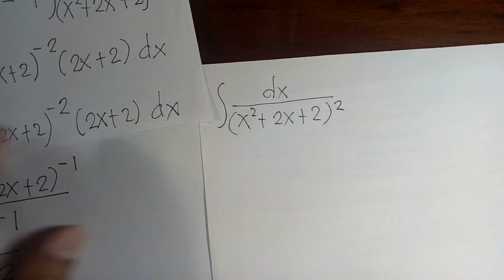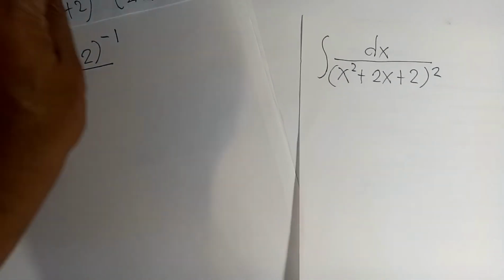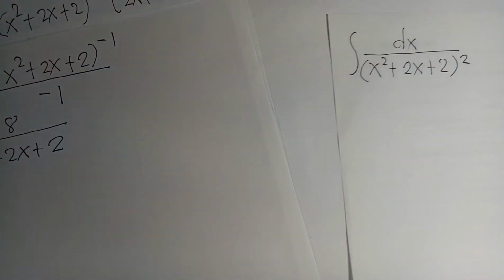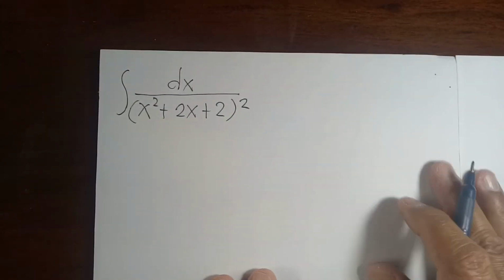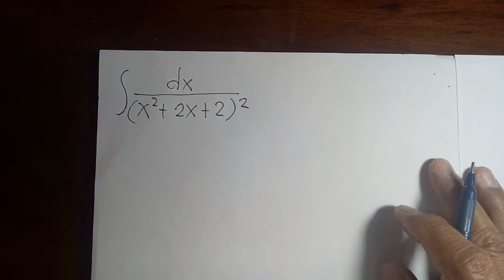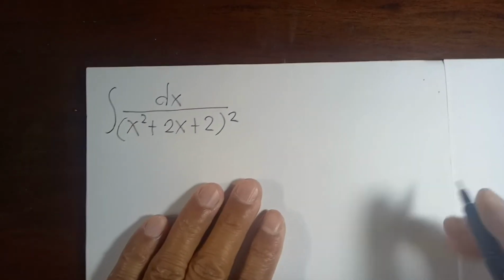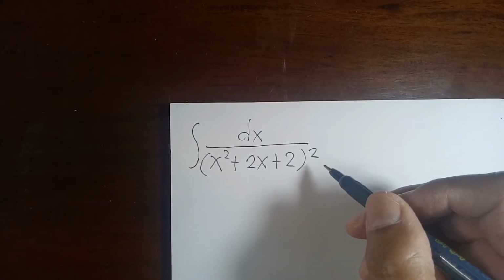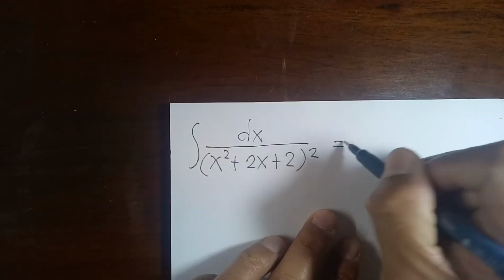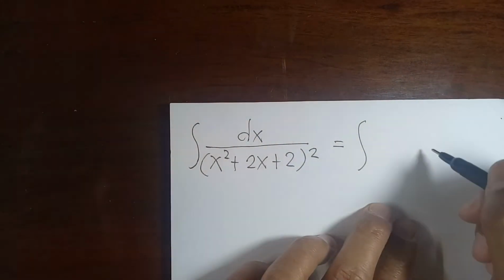So, dito gagamit tayo ng integration by trigonometric substitution. So, tabi muna natin ito. Tabi muna natin siya. So, dito muna tayo mag-focus sa integration nito. So, ito ay equal din siya sa integral of dx, no?